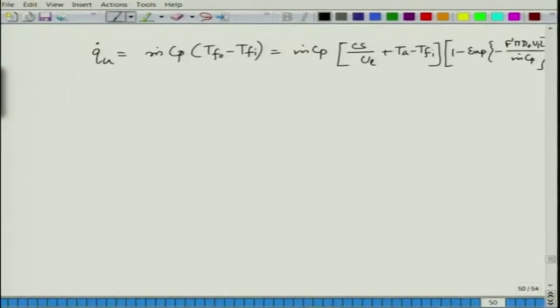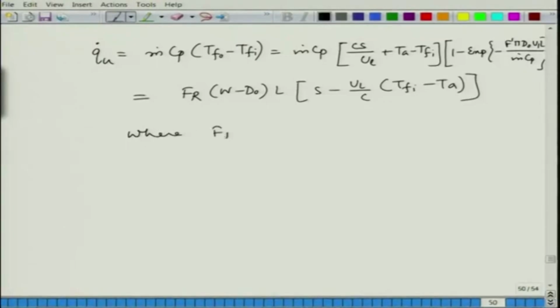Okay. And the same thing we also have seen that we can write in terms of the heat removal factor FR, (W minus d naught) multiplied by S minus UL by C (Tfi minus Ta). Okay. Where FR is our heat removal factor.